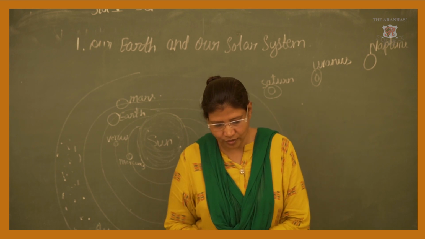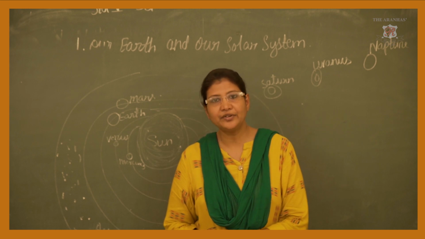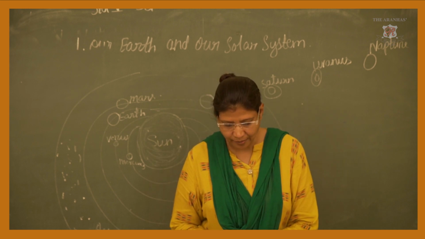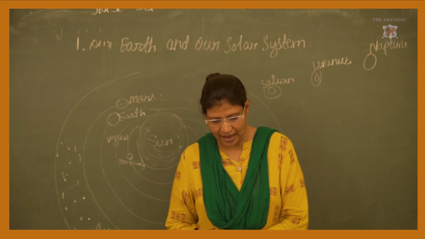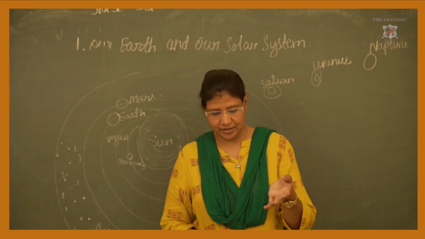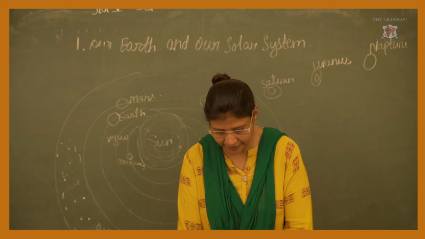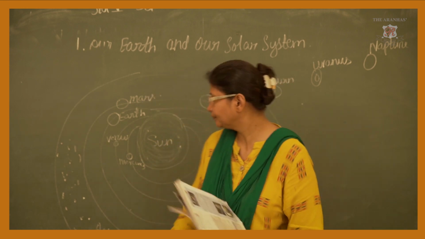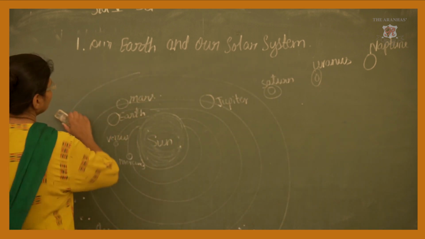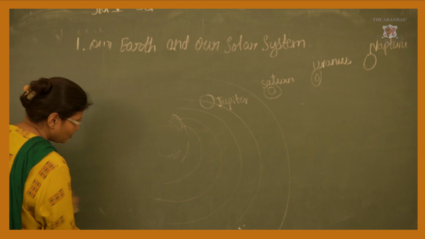Now, a new word, that is space. What is space? The emptiness between and beyond the stars and planets is called space or outer space. Okay. Now, I will write this sentence for you. Just see this image on the internet, you will get the sun, gravity and all the asteroids.